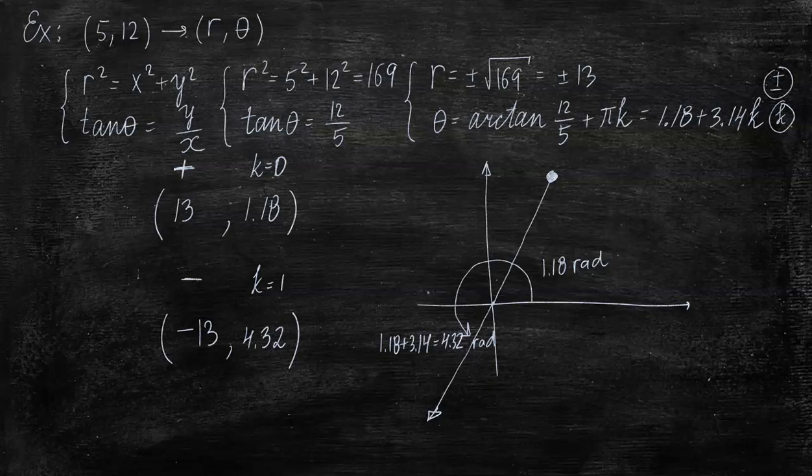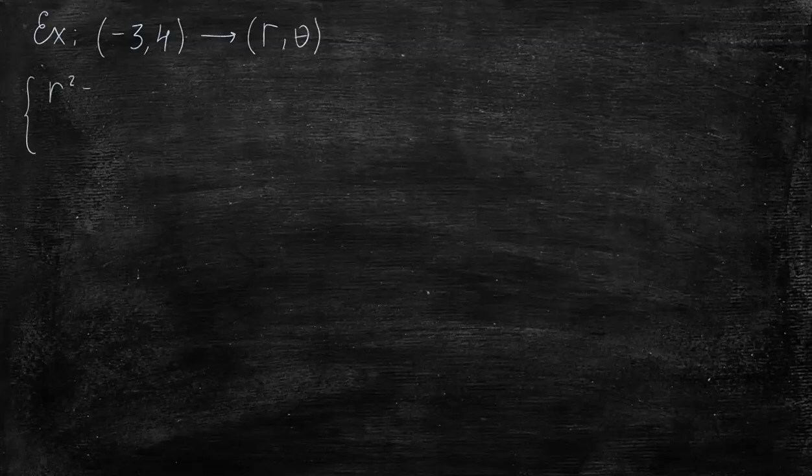Let's do another example. Let's consider the following point. This time we will take a point in the second quadrant and we're going to find its polar coordinates. First of all, we're going to set up these equations per our earlier discussion, and the second equation will look like this.